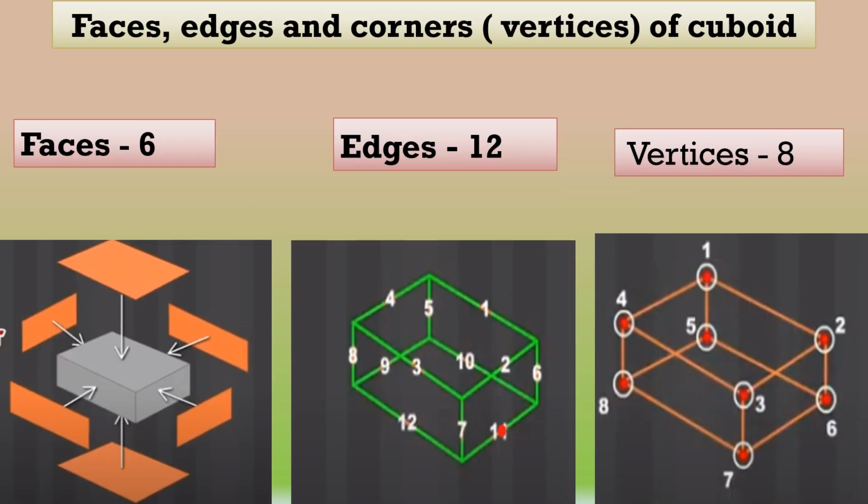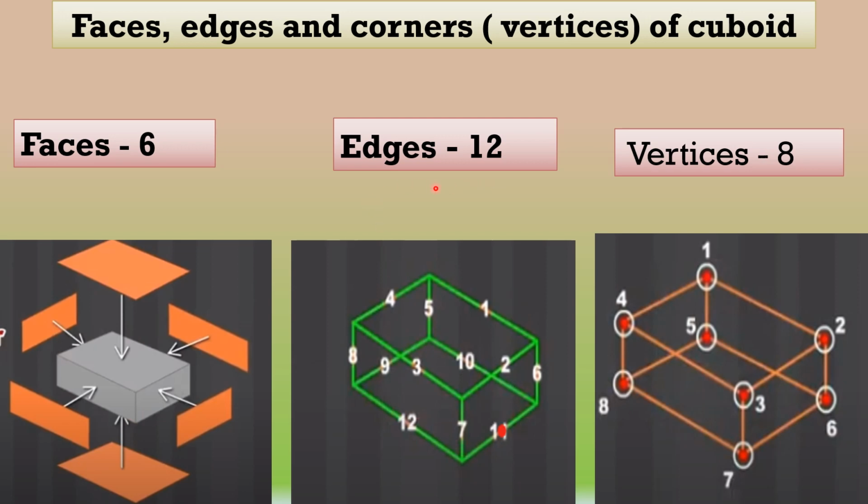Let us find out faces, edges and vertices of cuboid. Count faces of cuboid. 1, 2, 3, 4, 5, 6. It has 6 faces. Now count edges. 1, 2, 3, 4, 5, 6, 7, 8, 9, 10, 11, 12.